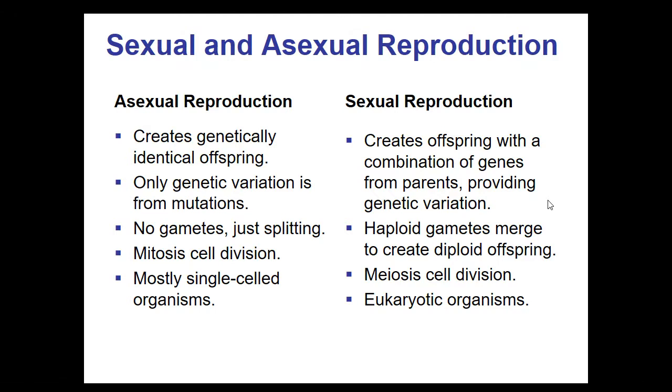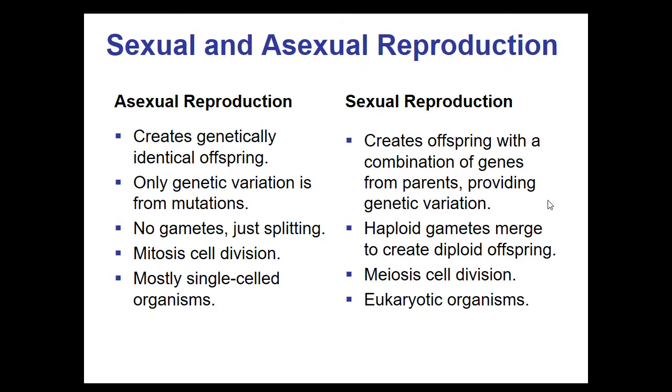So we talked about the mistakes that happen when, for example, a cell is getting ready to divide, all the chromosomes are copied, so there will be enough for both daughter cells. Cells make mistakes when they copy chromosomes. That would be a mutation. So if that happens, then one or both of the daughter cells might be genetically different from the parent. So the only genetic variation is from mutations.